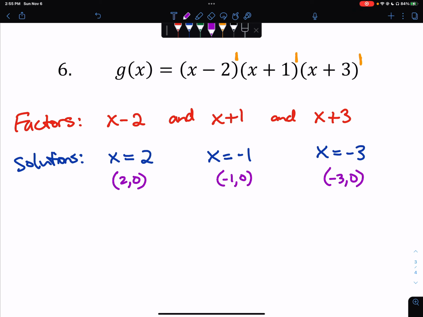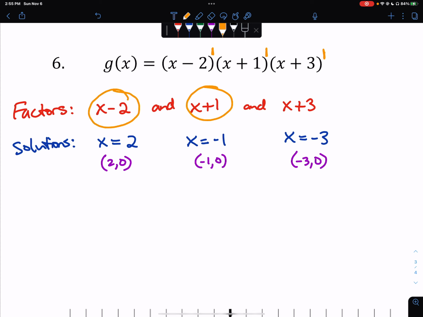And as we look at what type of factor it is, using that exponent, we saw that all the exponents were 1, which is odd. So in this case, all of them are odd, and so they will cross.